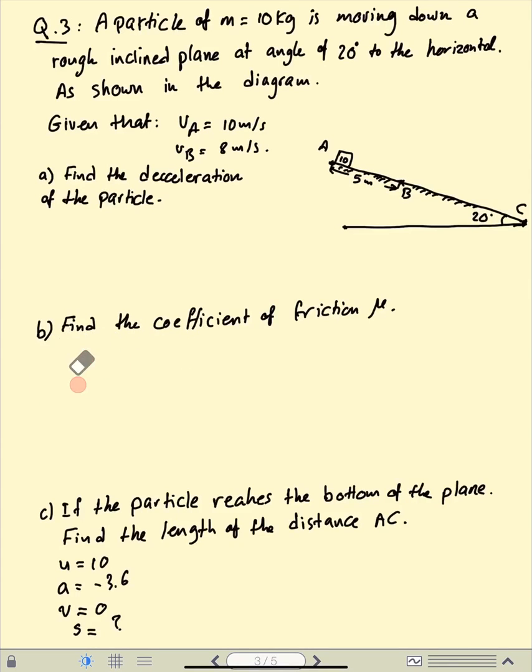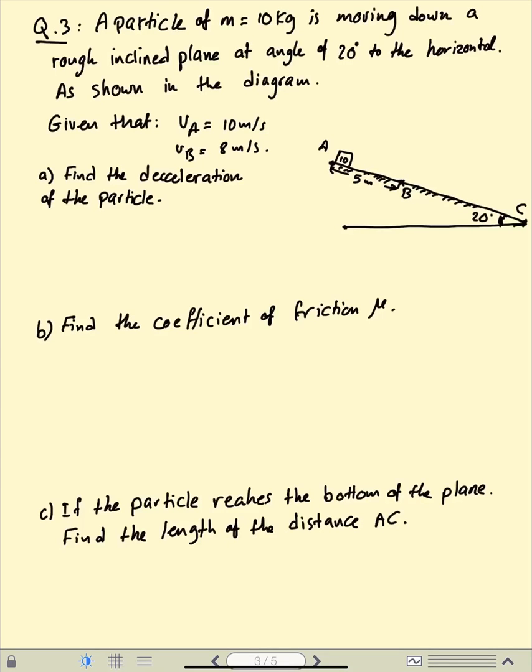To solve together, I was writing the information here, but I will write it together. A particle of mass 10 kilograms is moving down a rough inclined plane at an angle of 20 degrees to the horizontal, as shown in the diagram.